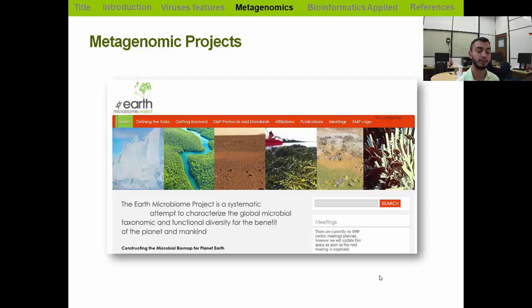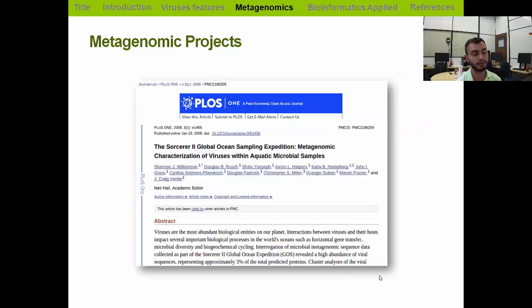They are supposed to study 200,000 samples from metagenomics, metatranscriptomics, and amplicons of ribosomal RNA. Really nice project. And here we have a more specialized one, the Sorcerer II Global Expedition.